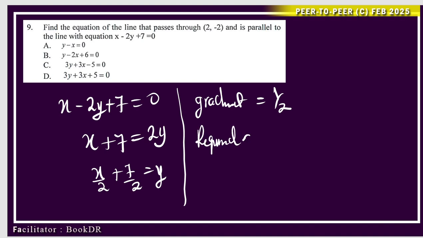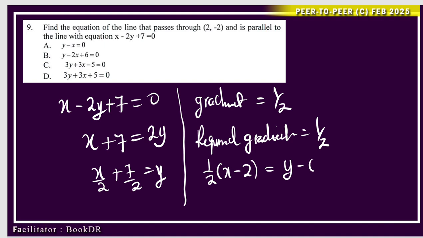Since the lines are parallel, the required gradient is also equal to 1 over 2. In that scenario, we can use the formula for finding the equation of a line. So we have half times (x minus the x coordinate) is equal to y minus the y coordinate, which is negative 2.